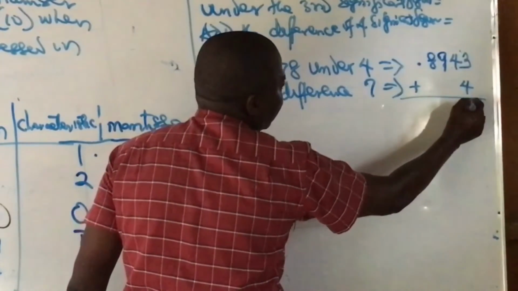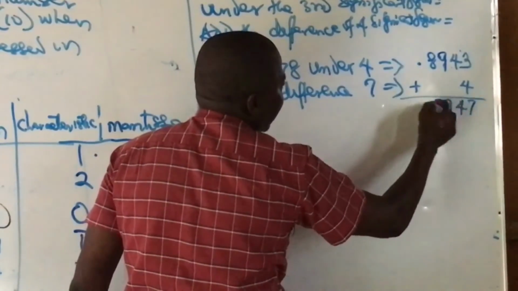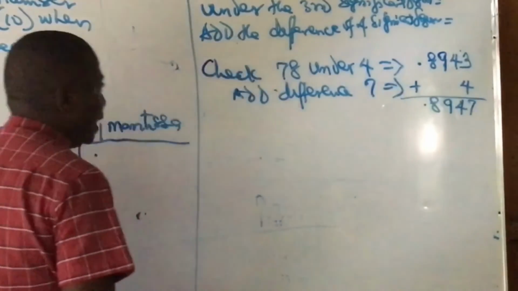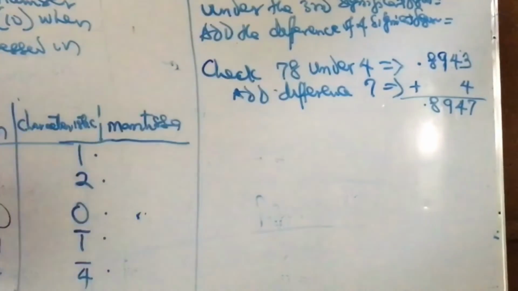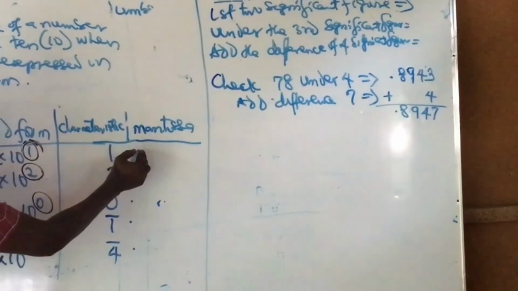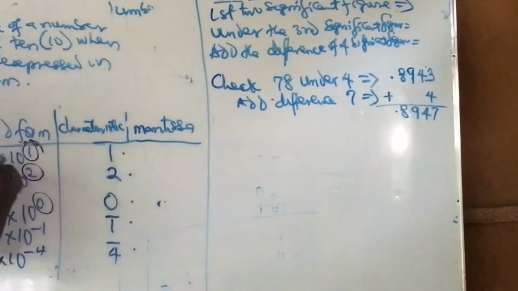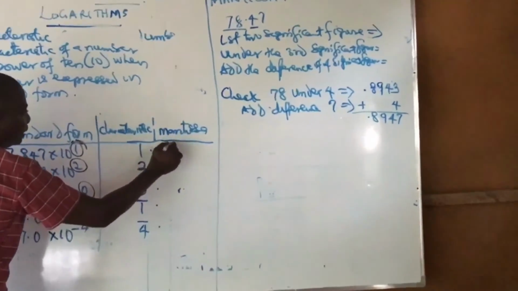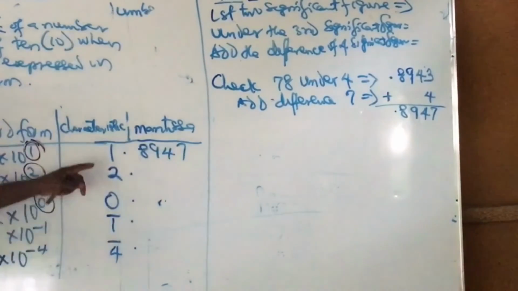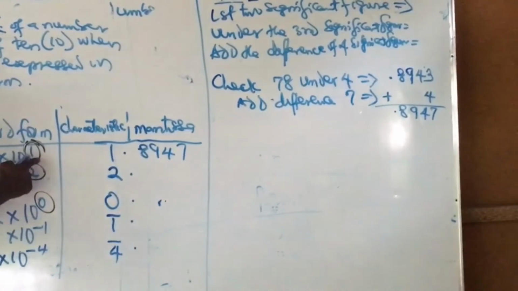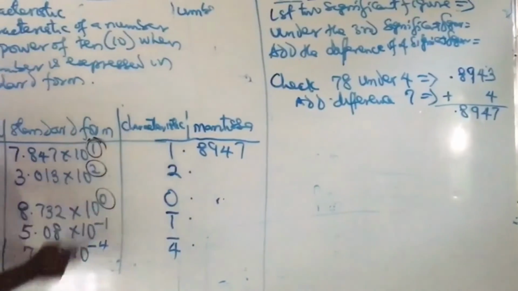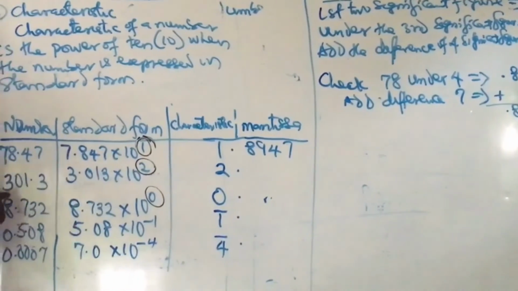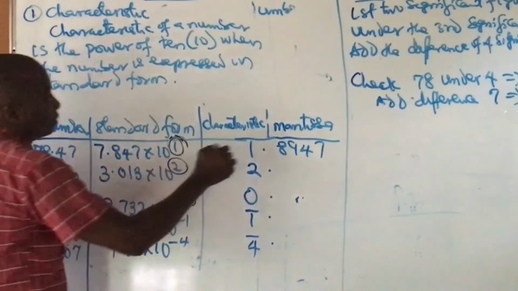This will now be 7498 point. Then you will come to your table and write 8947, because you have already decided the characteristics, which is this. So if we go to the second one, we check number 2.